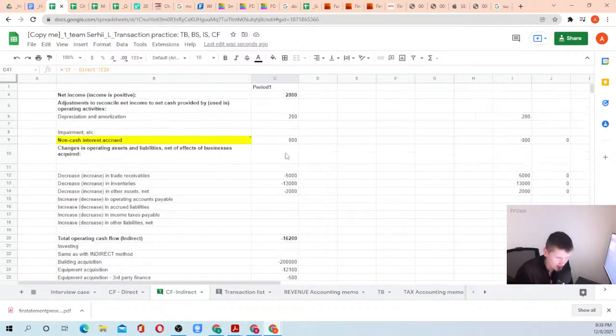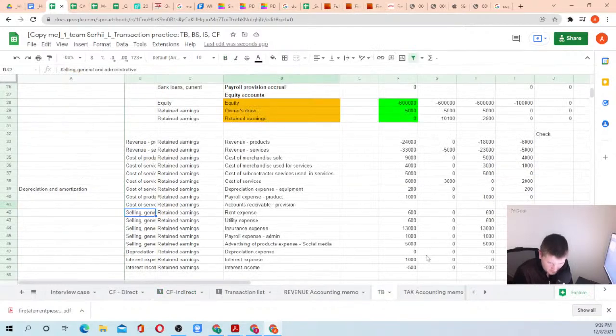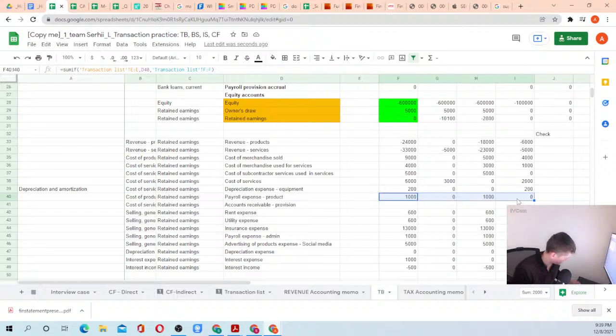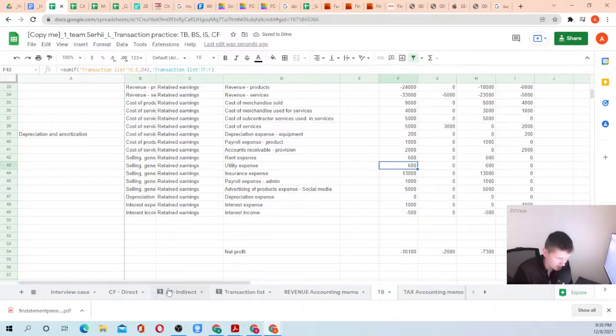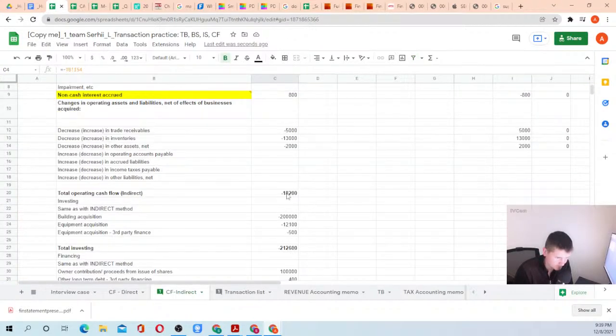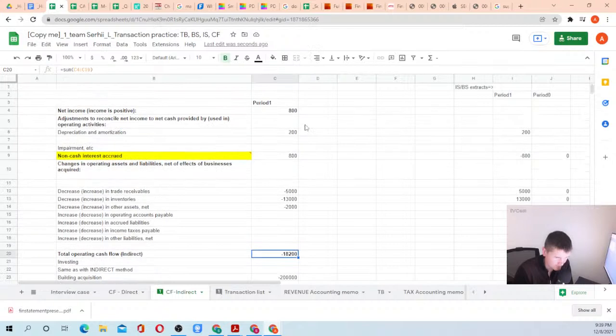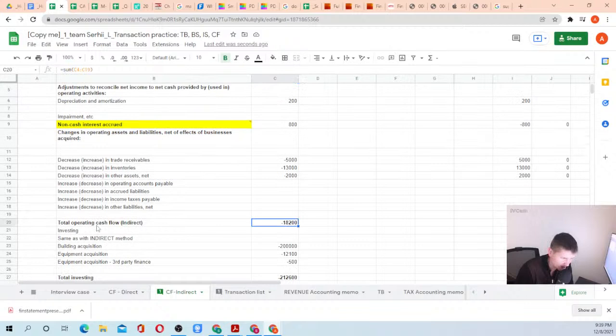In the indirect method, okay, I know what happened. I just didn't update the formula here. So our accounts receivable provision is reflected in our net income, and we didn't adjust for it anywhere else. So it is reflected in total operating cash flow, and now our two cash flows are different.